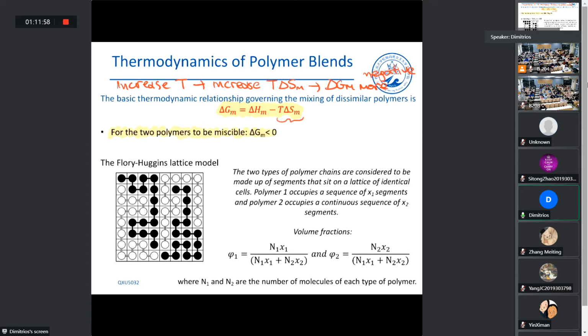Okay? If this makes delta G, M more negative, we expect that this leads to better miscibility as the temperature is increased, okay? However, this is not the case for polymers.